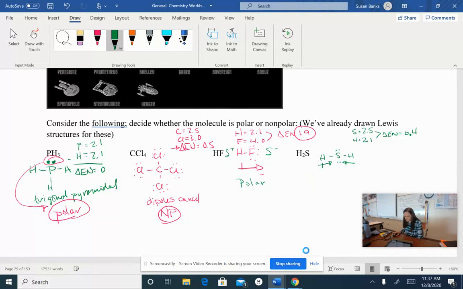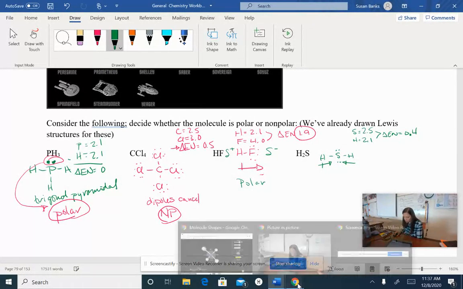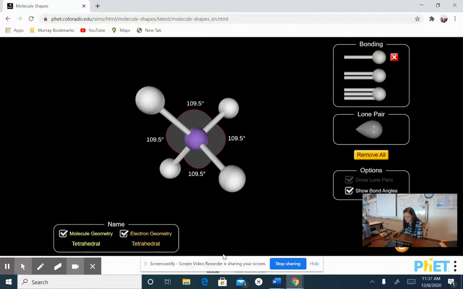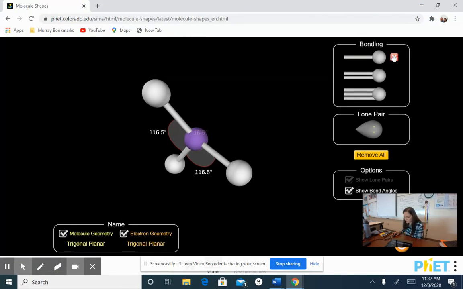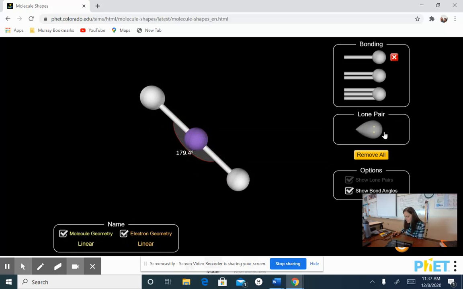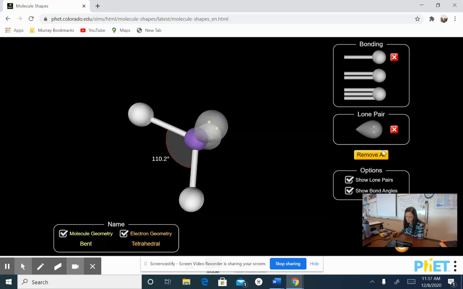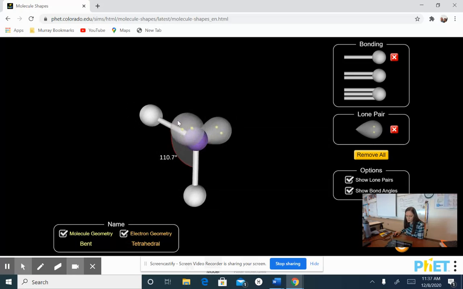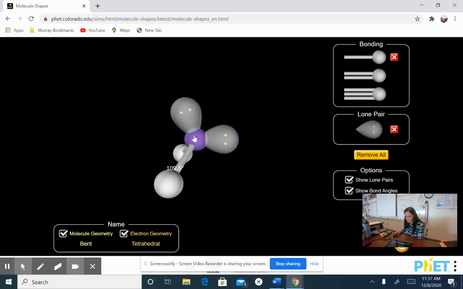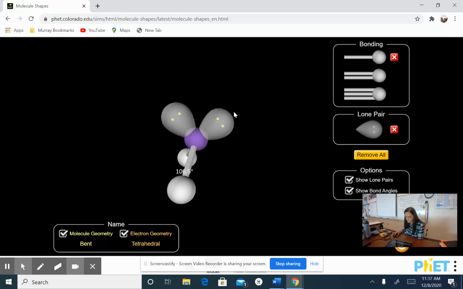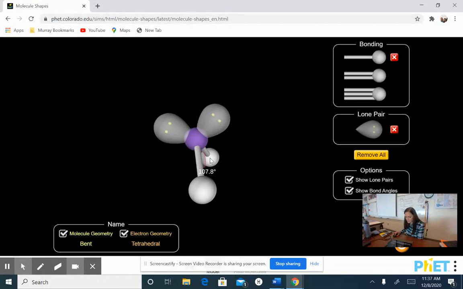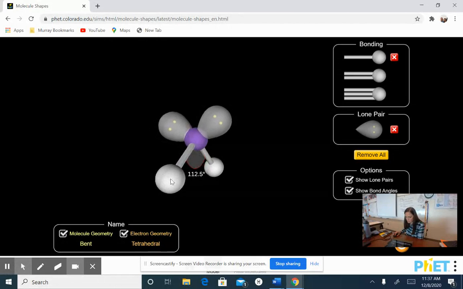Okay, let's look at the FET and see if that gives us a shape that we can see if it cancels out. So I don't have 4 bonding areas on this. I have 2 and 2 lone pairs. So I'm going to put 2 more lone pairs. Okay, so remember, sulfur is this center purple atom and hydrogens are these atoms right here. So we said that the electrons would be drawn towards the sulfur from the hydrogens, because sulfur is a little bit more electronegative.